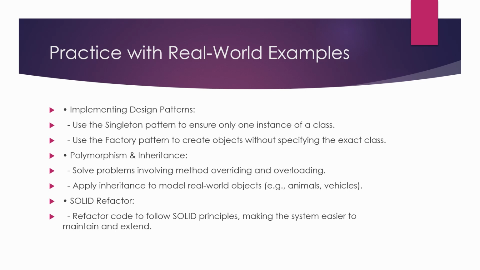Polymorphism and inheritance can be used to solve problems with method overriding and overloading, such as modeling real-world objects like vehicles or animals. You will also get the chance to refactor your code using SOLID principles, which will improve the maintainability and scalability of your system.